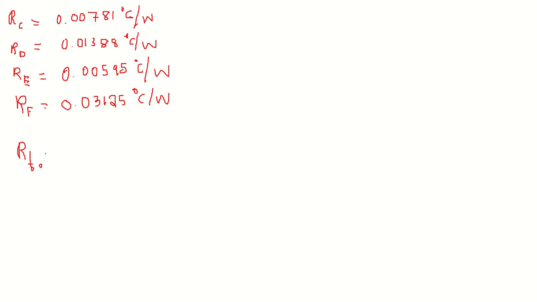R total is equal to RA plus 1 over RB plus 1 over RC plus 1 over RD, RC, RB and RC, again RC, right?